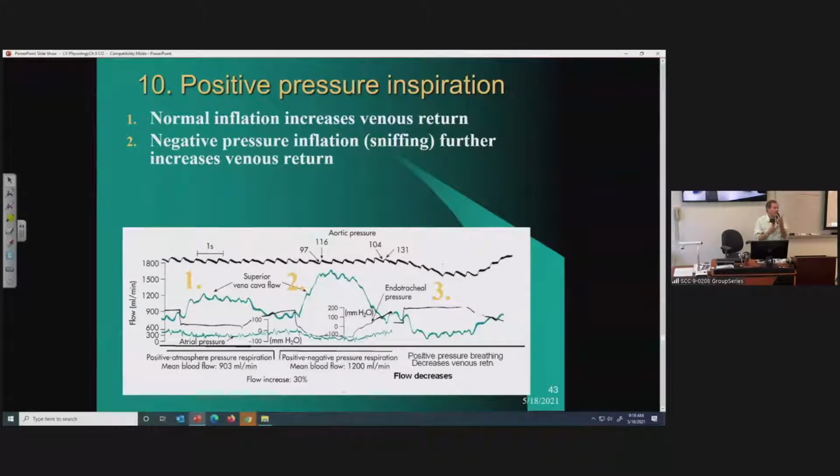But if a machine breathes for you, pressure is pushed in there, not a vacuum. So instead of dropping pressures, you get elevated pressures. All the physiology of venous return in your chest is reversed when you're on artificial ventilation. It's simple: instead of a vacuum bringing air in, we're adding pressure because you are no longer breathing for yourself.